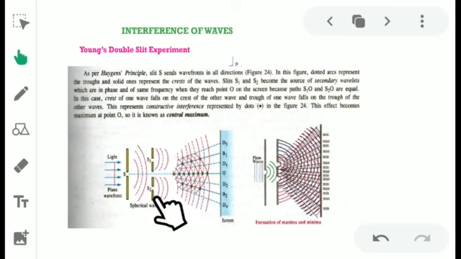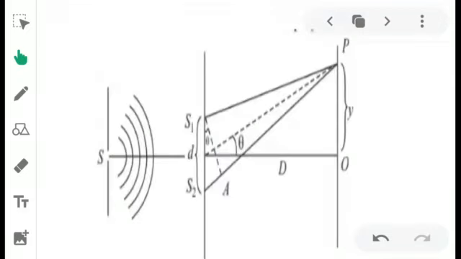Here see the distance between the plane of the slit and the screen, for that we will use the capital letter D, and the distance between S1 and S2, for that we will use the small letter d. Here S is the main source.